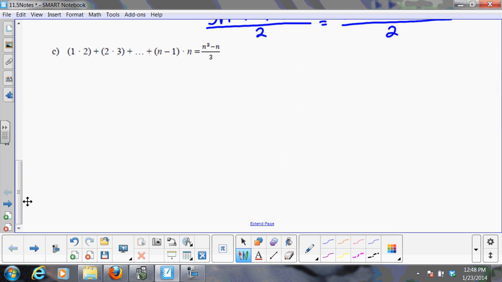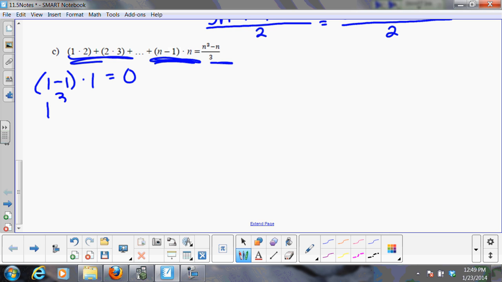The last one for the front. Here's our sequences. Here's the nth term. Here's our formula. So plug 1 in. And we get 0. Plug 1 into the other one. And we still get 0.